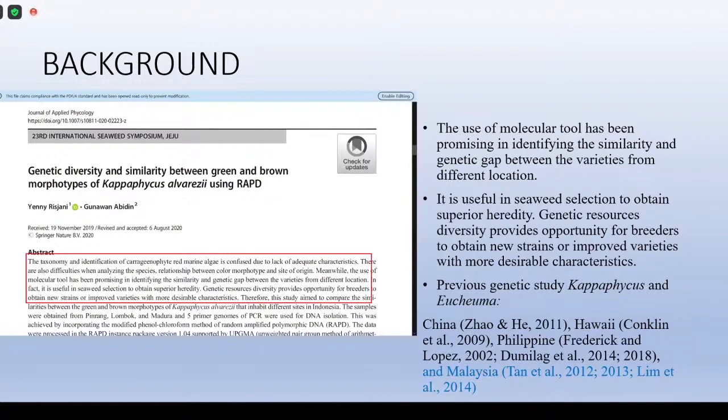Previous genetic studies of Kappaphycus and Euchema have been published in China and also in Hawaii, the Philippines, and Malaysia, but from Indonesia it is very scarce.